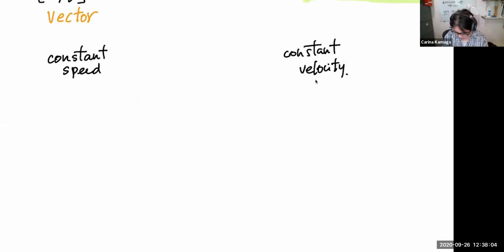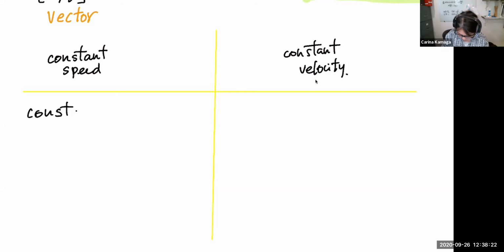Sorry. Constant speed, something like that. Constant velocity. When you hear constant speed, that means the object is in constant motion, steady speed, right? Steady speed.